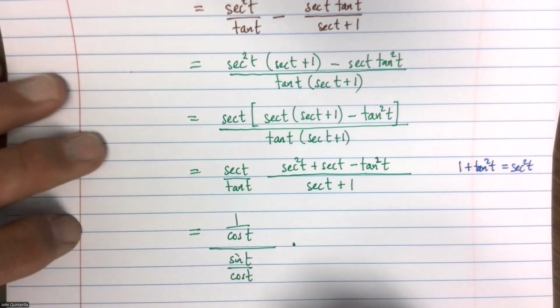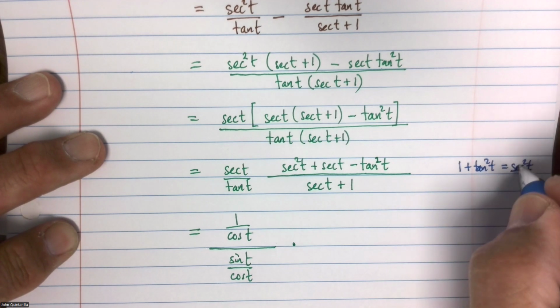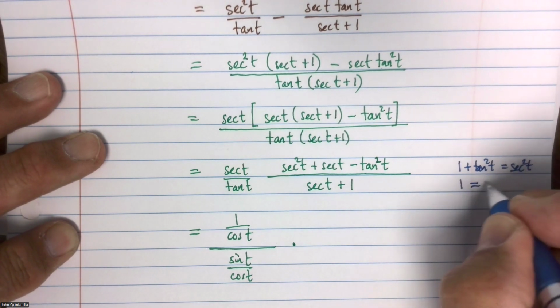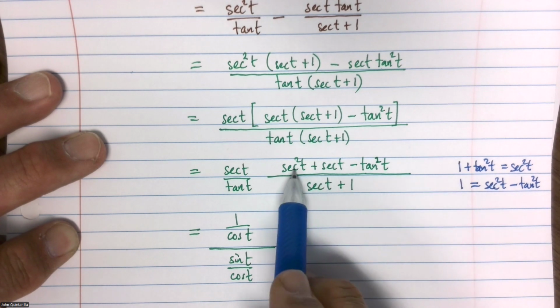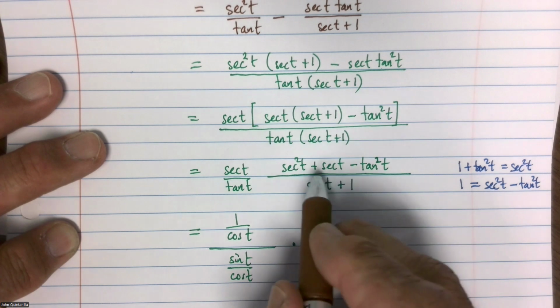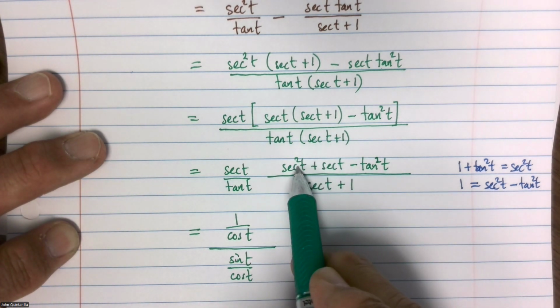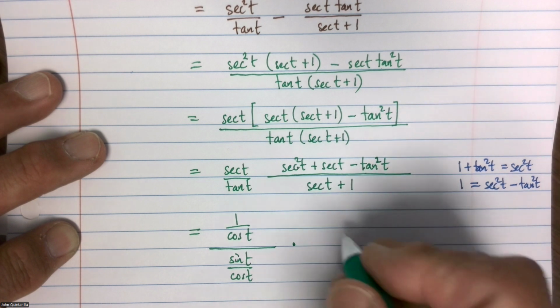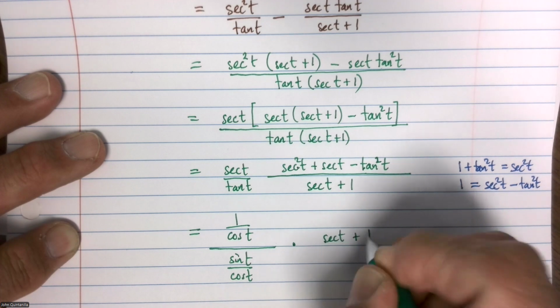That is one of the Pythagorean trig identities. And if we rewrite this, if I move the tangent squared over to the other side, I get 1 is equal to secant squared t minus tangent squared t. And here I see a secant squared t minus tangent squared t. So if I combine these two terms here, secant squared t minus tangent squared t is equal to 1.